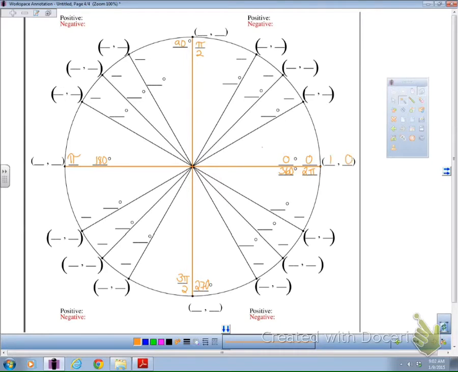What's the point up here at the top at 90 degrees? 0, 1. Over here at pi and 180 degrees? Negative 1, 0. And then the last one down at the bottom? 0, negative 1. So that first family, the quadrant angle family, not too bad, right?